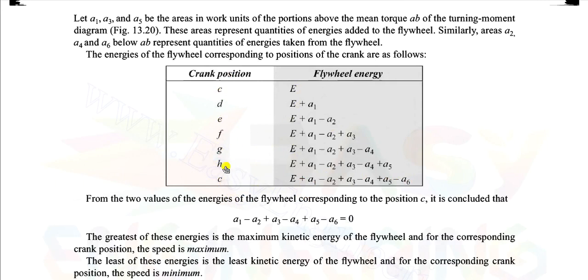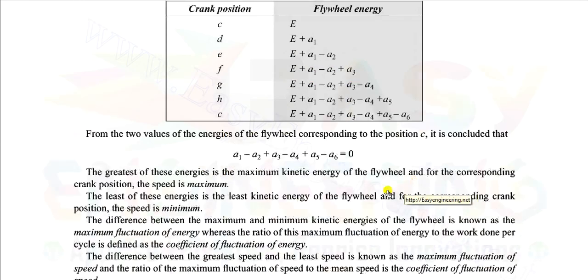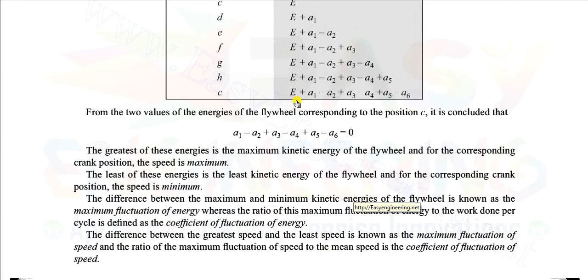So E is equal to E plus A1 minus A2 plus A3 minus A4 plus A5 minus A6. E will get cancelled out, and this will become equal to 0. So A1 minus A2 plus A3 minus A4 plus A5 minus A6 is equal to 0.